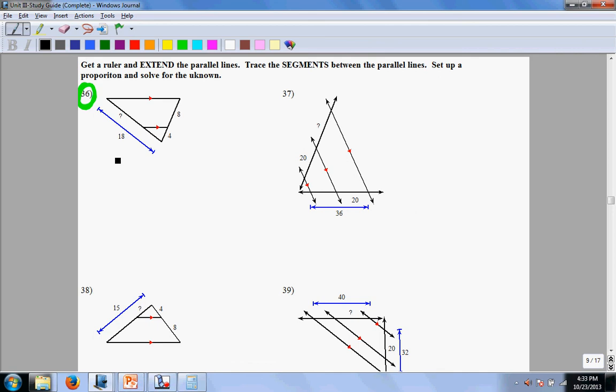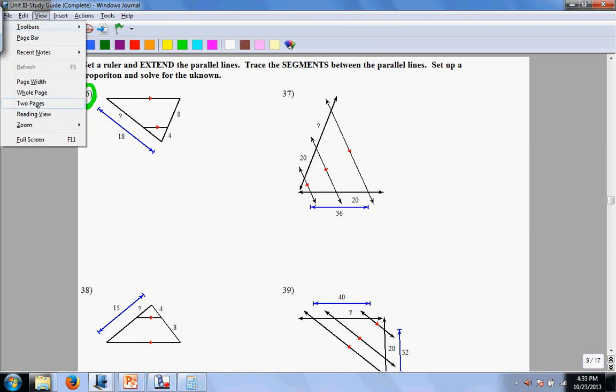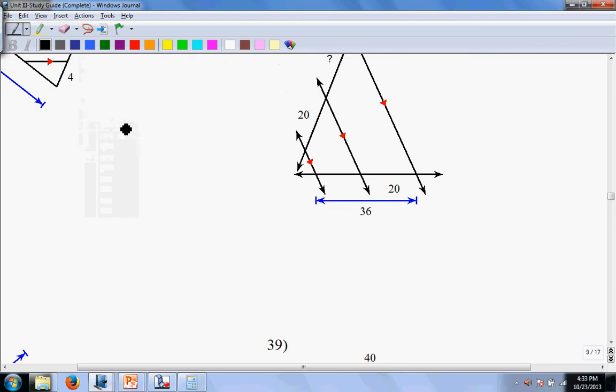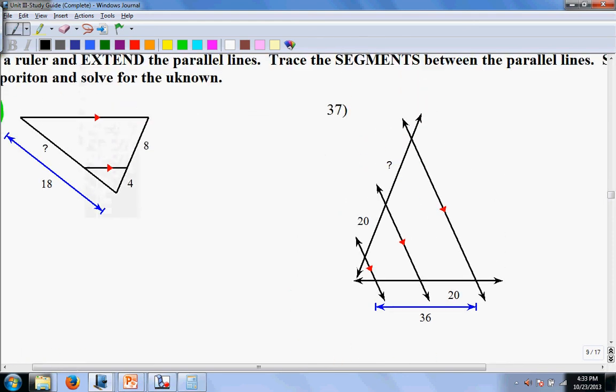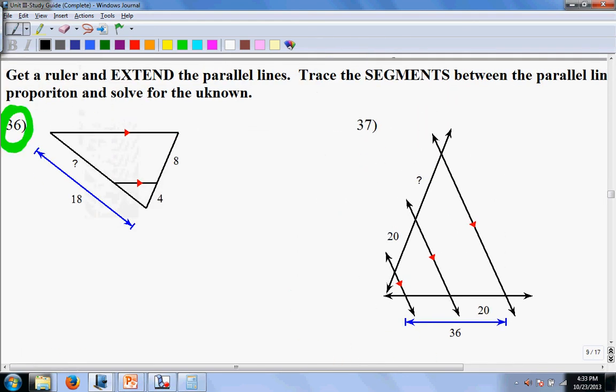Now for this one, I want you to get a ruler and extend parallel lines, trace the segments between the parallel lines, set up a proportion, and solve for the unknown. So for this one, you're not viewing it as separate triangles. For this one, I'd like you to focus on the parallel lines. So let's do that by extending the parallel lines first.